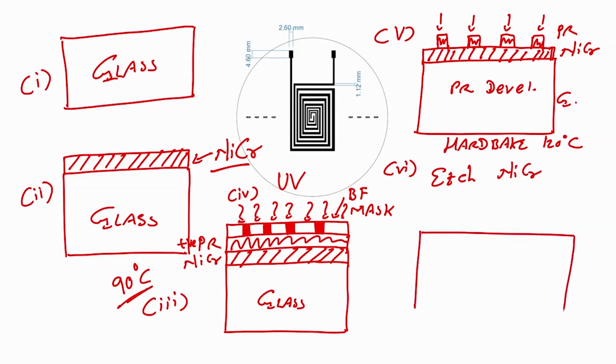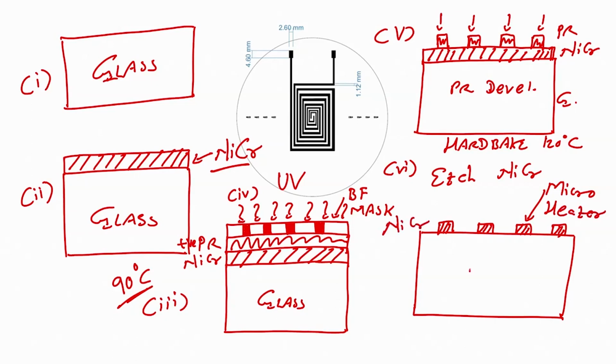We will have a glass wafer with micro heater, nichrome, glass, correct. So, I have now designed a process flow for fabricating a micro heater. First step done, excellent. What is the next step?